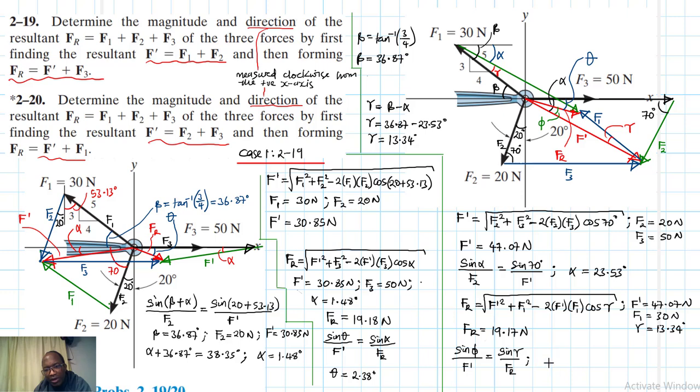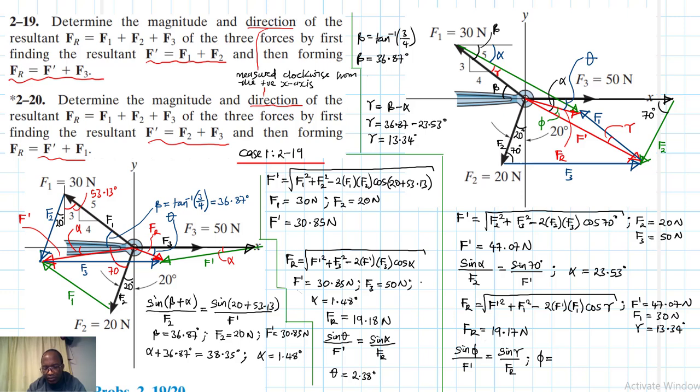We can feed them in there and find what our phi is. Our phi therefore is going to be equal to sine inverse of 30 sine 13.34 divided by FR, which is 19.17.